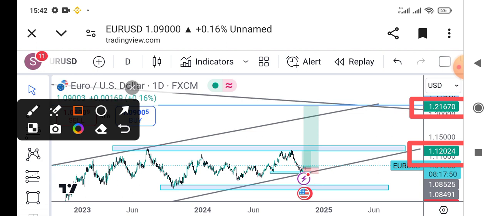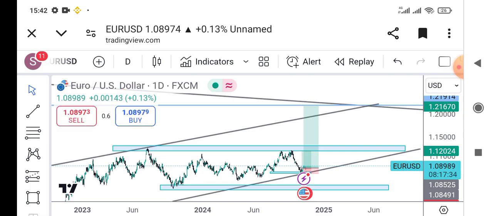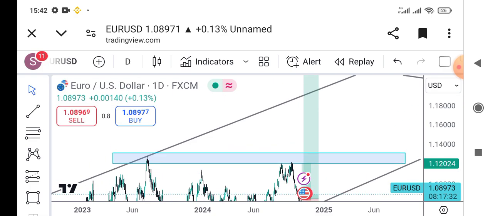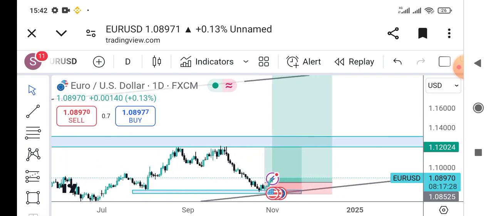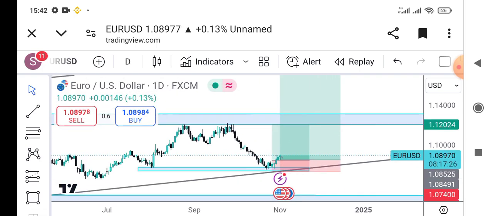What I love with swing trading is you're able to tell the direction of the market. Remember, risk management is also very important. Risk management is very, very key. So this is how we are doing our trades.